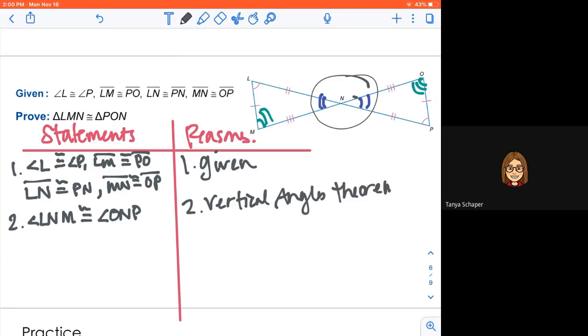Again, we talked about that earlier. I can then say that angle M is congruent to angle O. Notice how I don't put the M in front because it's not a measurement. I'm naming the angle. And the reason why those two are congruent is the third angles theorem.